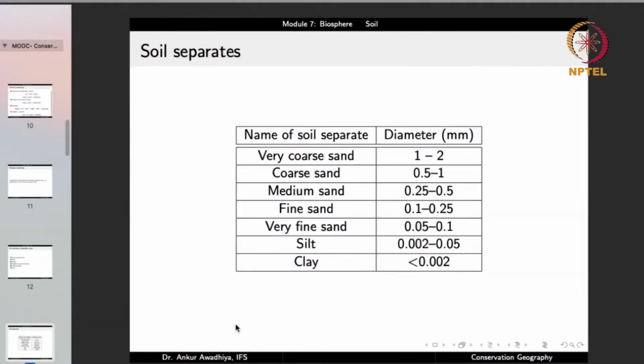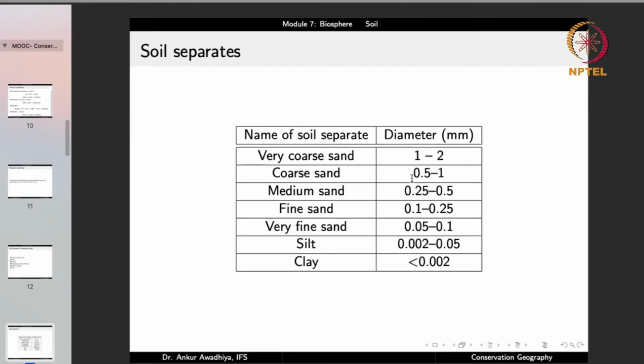And when we do that, these are the fragments that we will get. Those portions that have a diameter between 1 to 2 millimeter are known as very coarse sand. Fragments above 2 millimeter in size are not classified as soil separates. We call them either rocks or pebbles or rock fragments.